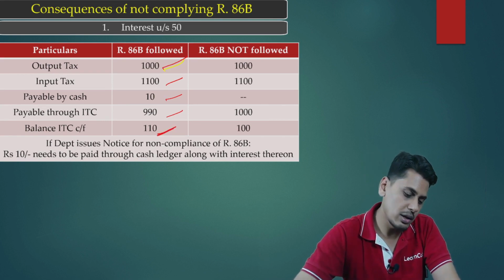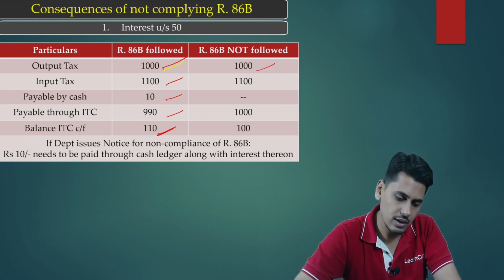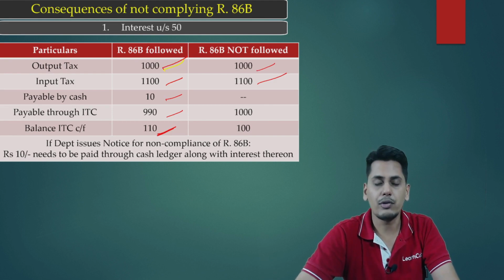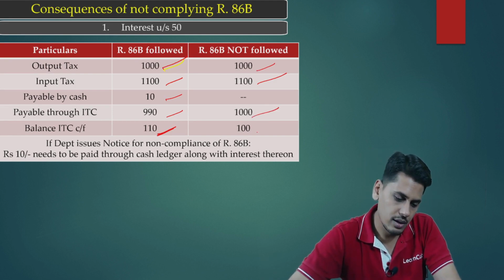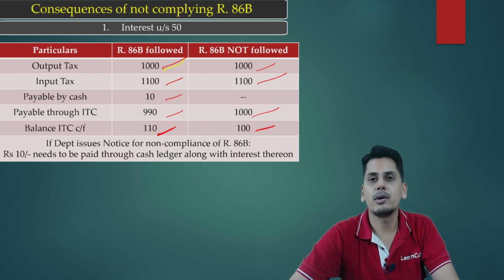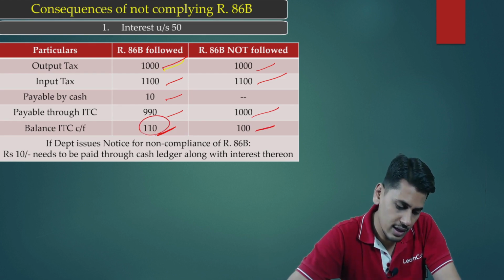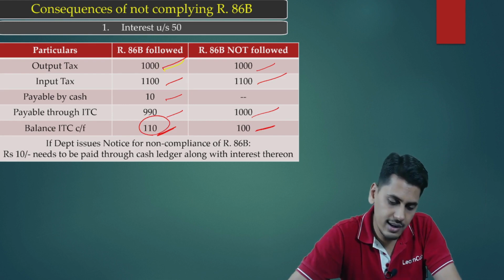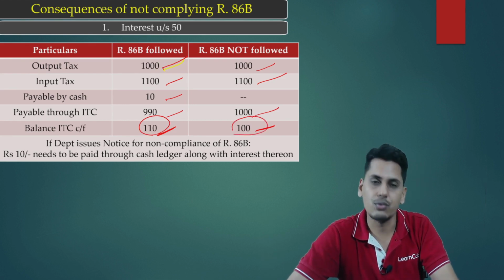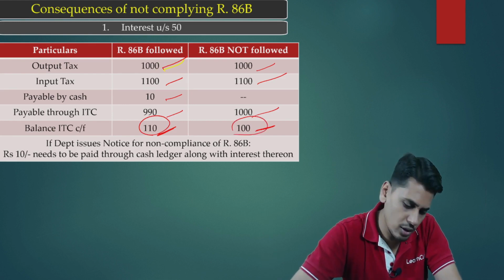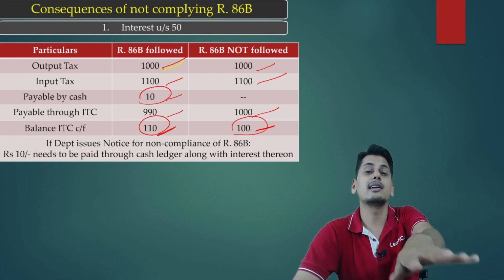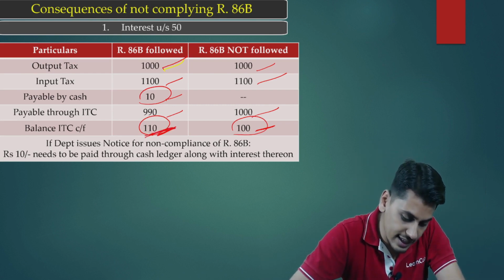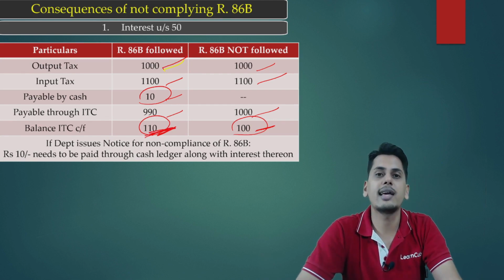If 86B is not followed, output tax same 1000, input tax same 1100, payable by cash nil, I am not following 86B, entire amount paid through credit 1000, ITC carried forward is 100. So friends, as we can see, here ITC carried forward is 110, here ITC carried forward is 100. Why is that difference of 10? Because here 10 rupees is paid through cash ledger. To that extent, credit ledger doesn't get utilized. So there is an increase in the credit ledger carry forward balance.